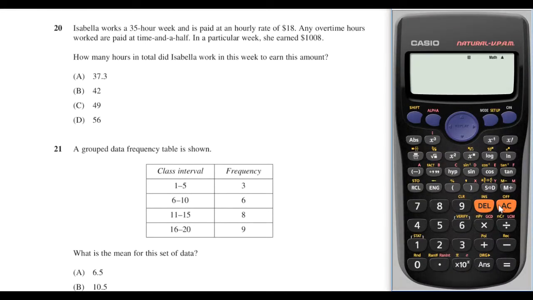Question 20. Isabella's normal wage is 35 hours multiplied by $18 per hour, which is $630. The overtime that she's earned is 1008 minus this value, which she earns at time and a half.